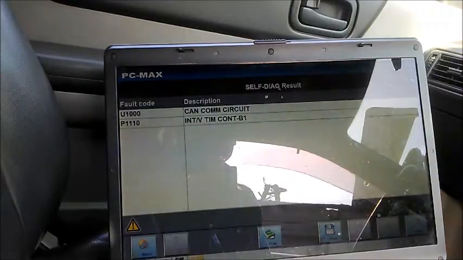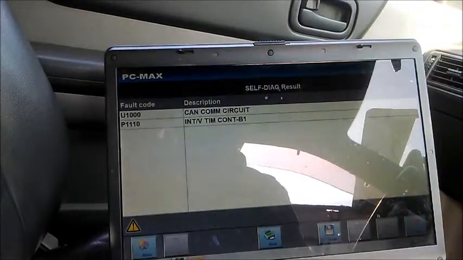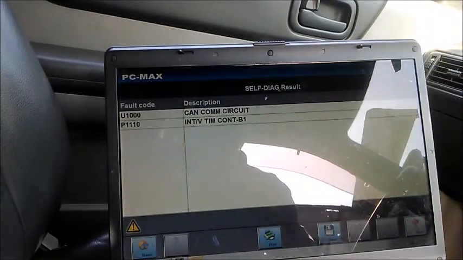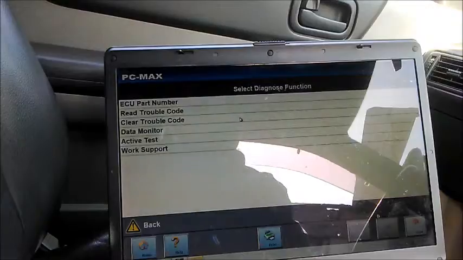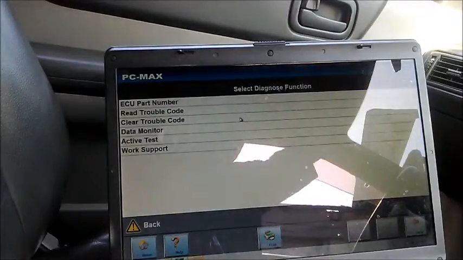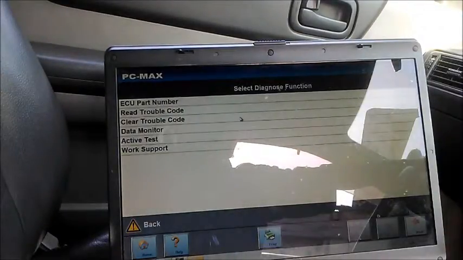I usually don't do this, but in this case I'm going to erase these codes and see if they come back right away. I've noted them down, so I'm not worried. If I need to do a revision of my diagnostic path or strategy, I'll come back and address especially the P1110.